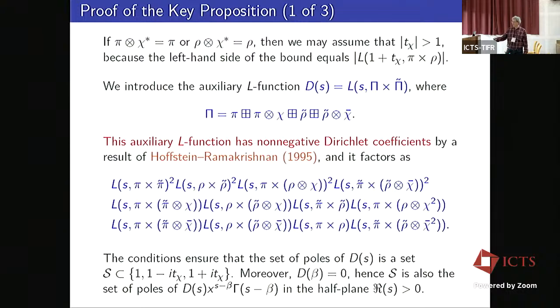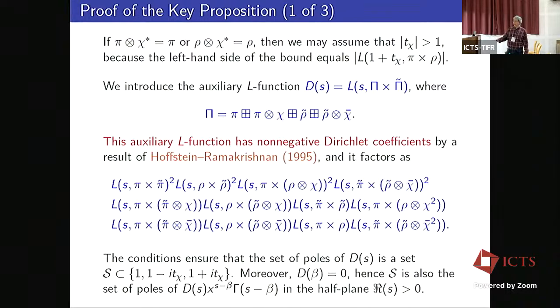Plugging in s equals 1 minus it chi is the same as twisting pi tilde by chi bar. So L of 1 minus it chi, pi tilde cross rho tilde, under the assumption that pi twisted by chi is pi, is exactly the same as L1 of pi tilde twisted by rho tilde twisted by chi bar.